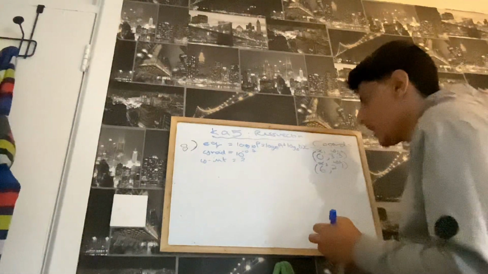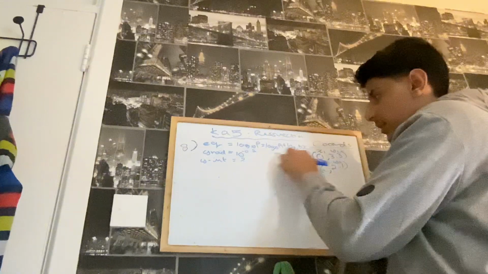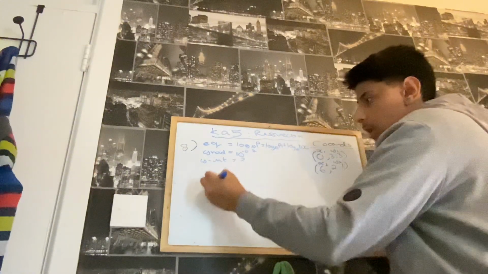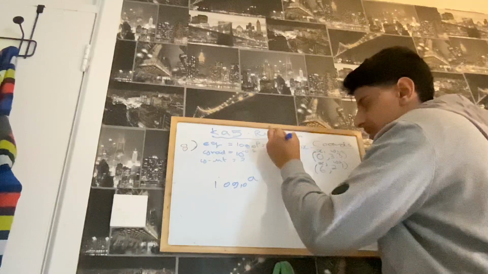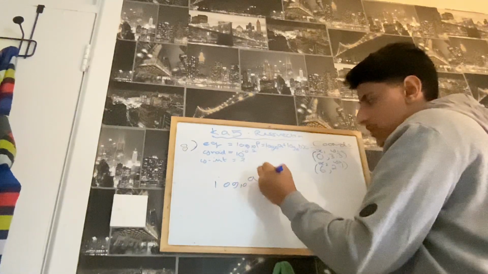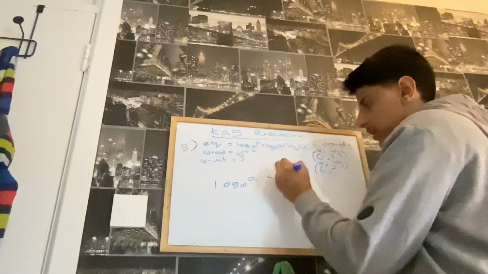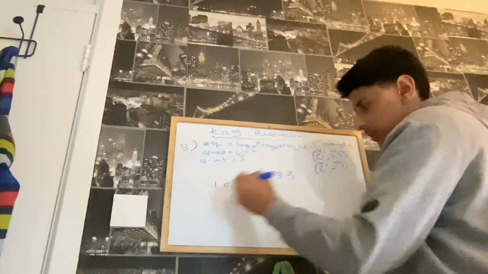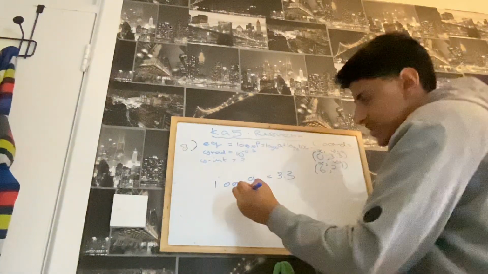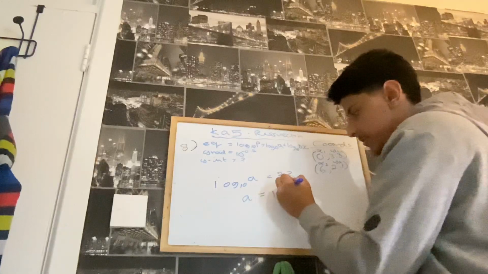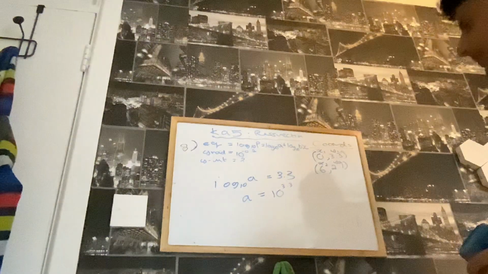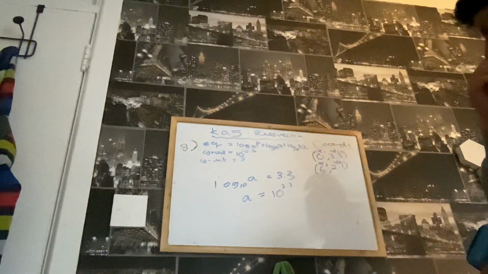So looking at this, this would be our gradient, and this would be our intercept. So log 10a, and it shouldn't be capital A, it should be little a, is equal to 3.3. Following this, doing the same steps, a equals 10 to the power of 3.3. So that's our value of our intercept.